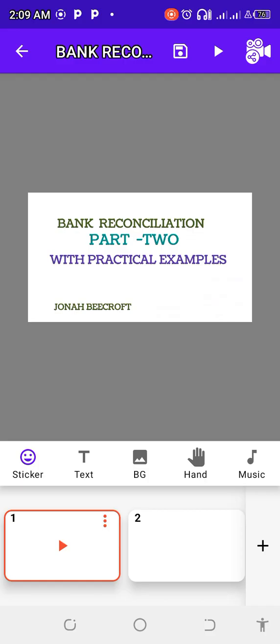Each concept is explained step by step with worked examples to help you understand how adjustments are made in the cash book and in the bank reconciliation statements.